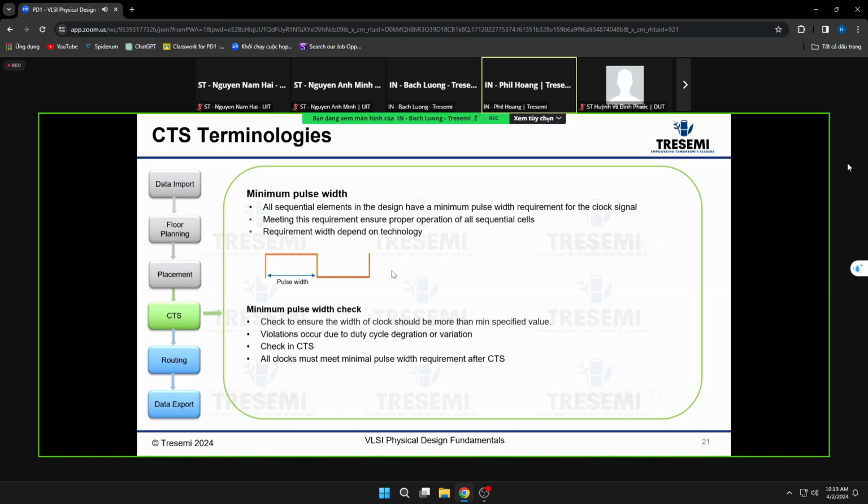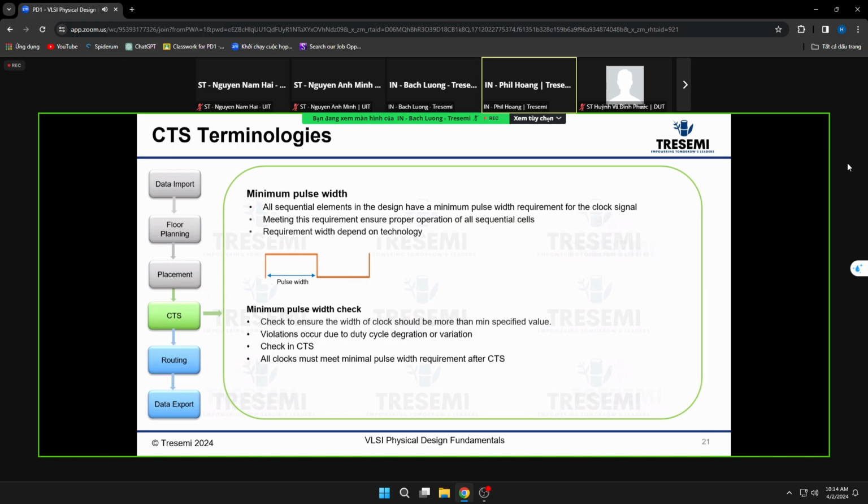I want to add something. Sometimes the long skew is unavoidable because there's a relationship between the skews and the latency. For very large clock trees, there are many flops in one clock versus the other.